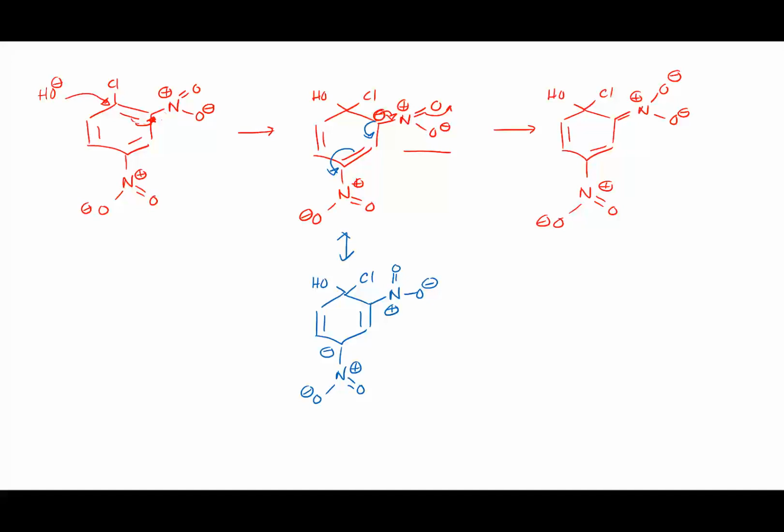So the nitro group is not one of the ones that gets substituted. But I don't know that that's necessarily obvious, other than we've talked about chlorine being a decent leaving group. I don't know that that never happens, but in this case, we're going to say the chlorine leaves.